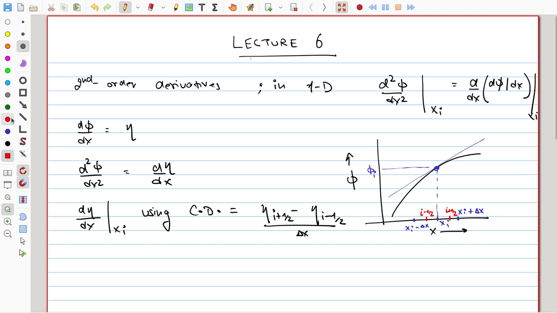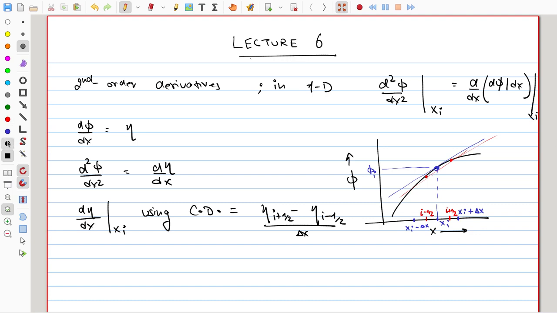So I can use one point which is half an interval away, and then join these two red points. That also gives me a good estimate, right? Does everyone agree that I can use this? I know that the i plus half and i minus half points do not exist, but if they existed, I could have done it. And you'll know why I'm doing this, or you may already have guessed why.